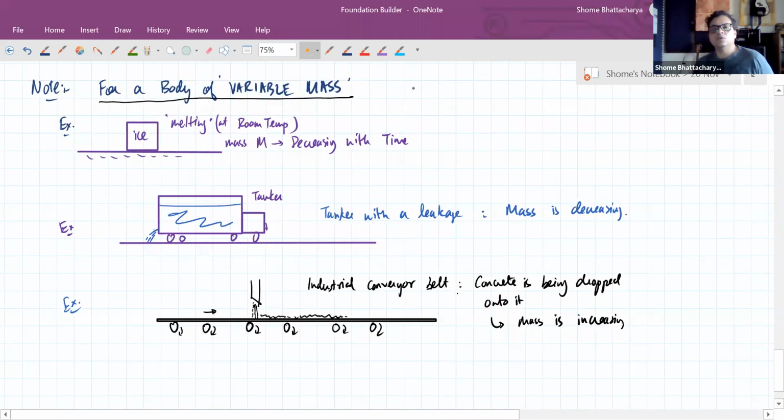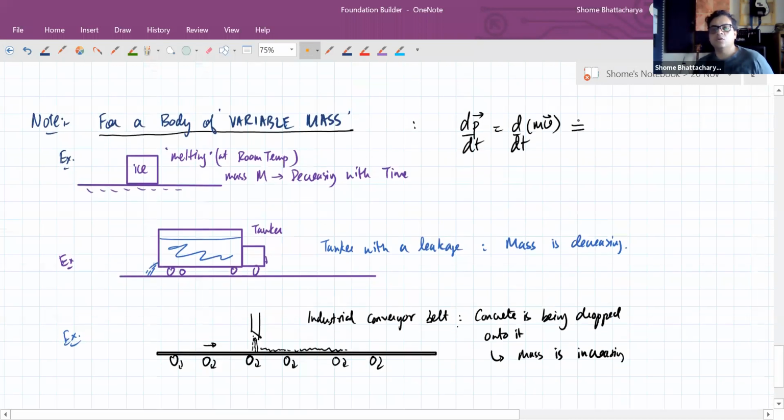So for such a body, what happens? Rate of change of momentum is not equal to mass into acceleration. What it's equal to, we'll discuss. But first of all, we have to understand that rate of change of momentum is not equal to mass into acceleration.